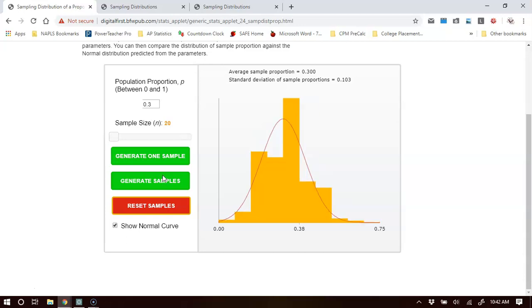I'm going to generate many samples, and you can see the shape is not approximately normal. I don't have enough successes and failures to get the shape to be approximately normal. And so this applet goes through that. So let's go back to our slides.